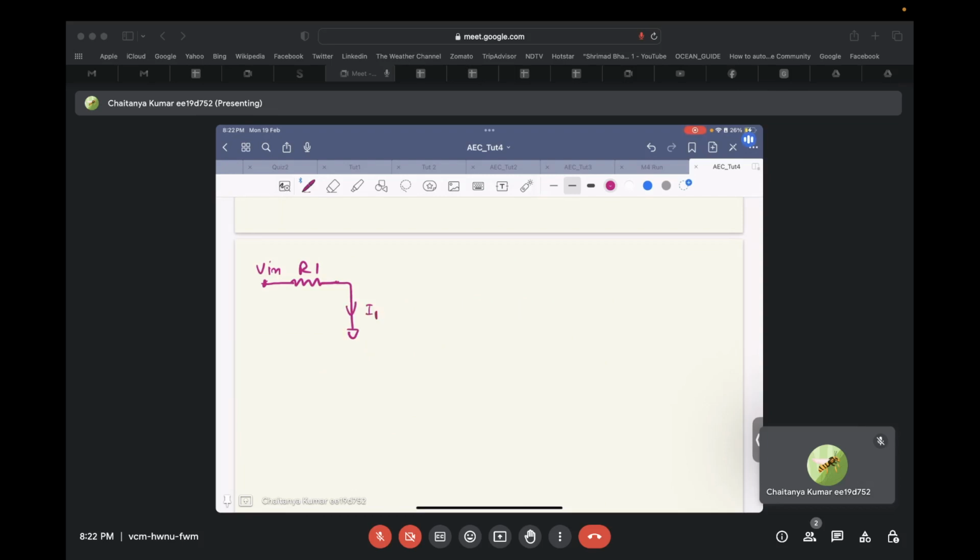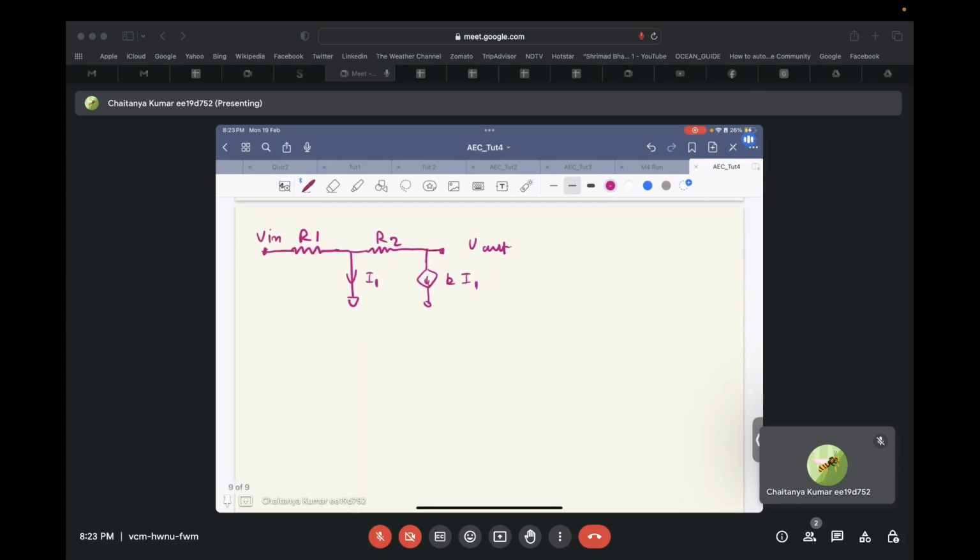This is a value I1. It is some K times I1, and there is this resistance R2. We need to find its gain. So this is the first circuit.